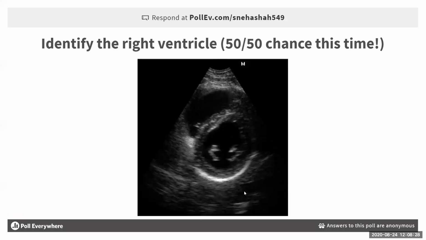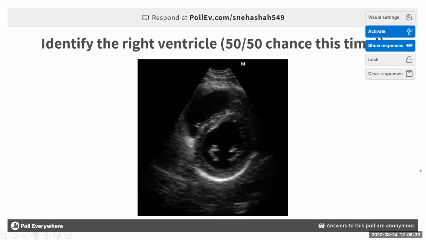Before we get started, as always for my conferences, I like doing echo primers, and so this will likely be our last one. If you could identify the right ventricle in this image by clicking on the area where you think it is.